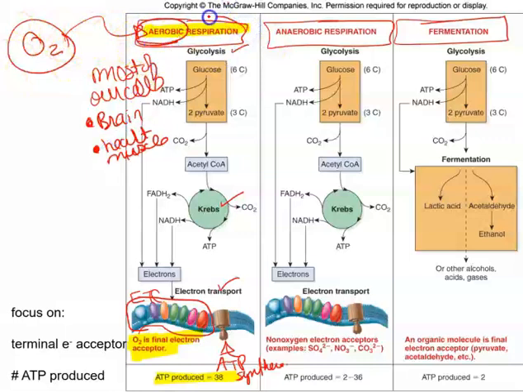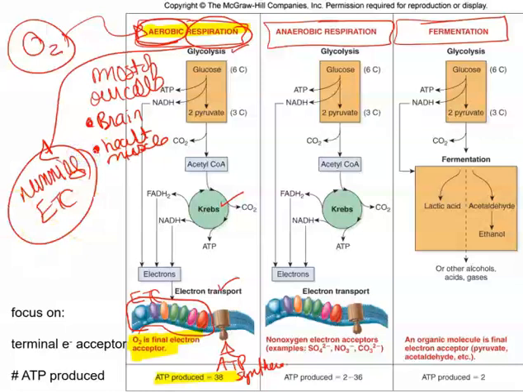And then respiration means a lot of things to a lot of different specialties. If you're a clinician, respiration means breaths per minute. If you're a biochemist, respiration means running the electron transport chain. That is respiration to a biochemist.